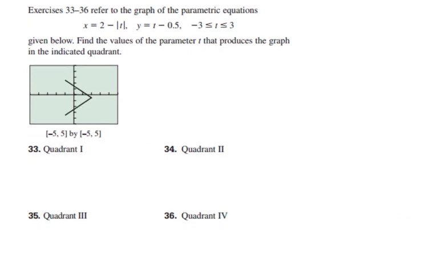Alright, then this last one always gets everybody, but here we go. We're going to find the values of the parameter that produces the graph in the indicated quadrant. So, basically we're trying to find out what t's make this piece, then what t's make this piece, because that would be in quadrant 1 versus quadrant 2. What t values will start where it meets this quadrant and then go here for quadrant 4, and then the last quadrant here.